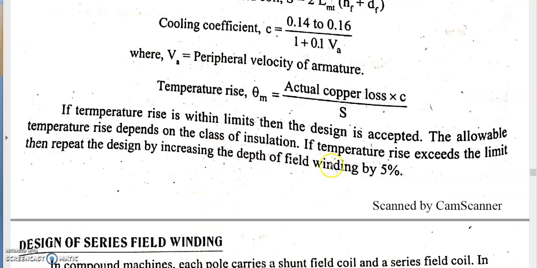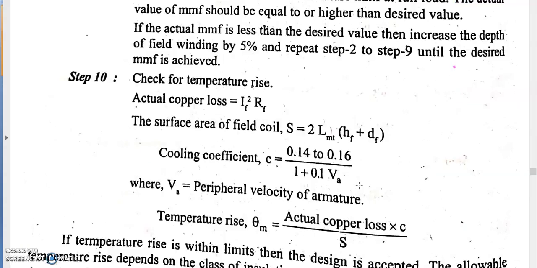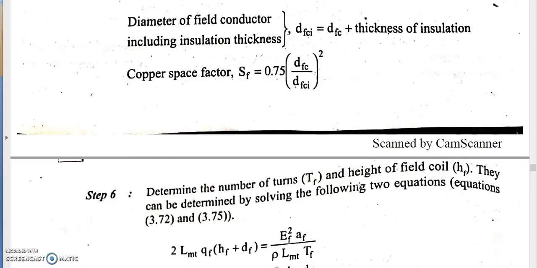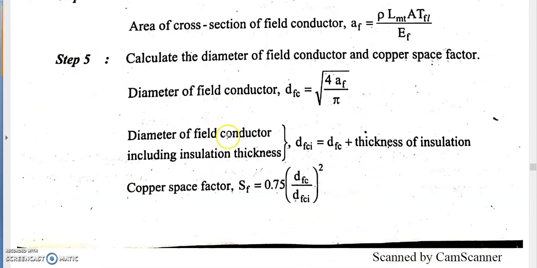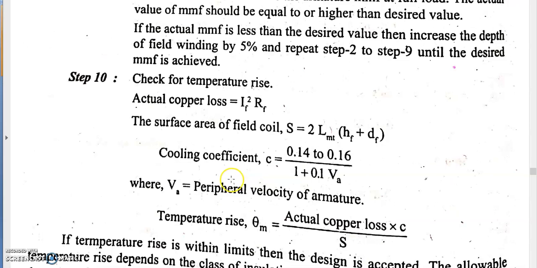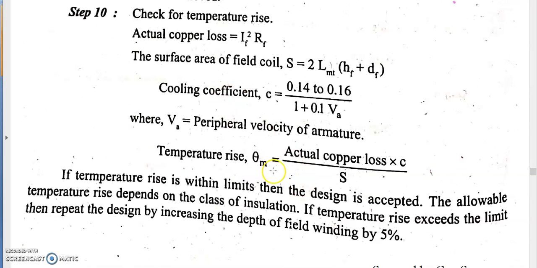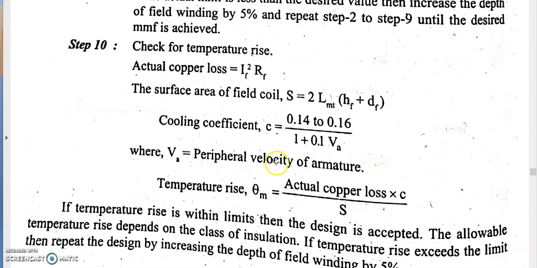So that will be increased by 5%, and if the depth is increasing, then we have to repeat from step 2 again, and finally calculate whether the temperature rise is within the limit or not. To calculate the temperature rise, this is the formula. The actual copper loss and heat dissipation surface are already known to us.